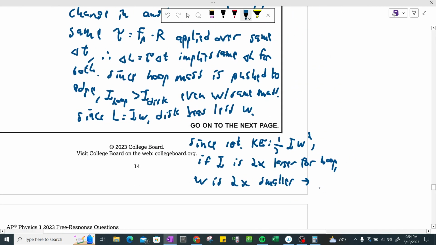Therefore, that gives me omega squared is 4 times smaller. Therefore, the rotational kinetic energy is 2 times smaller.